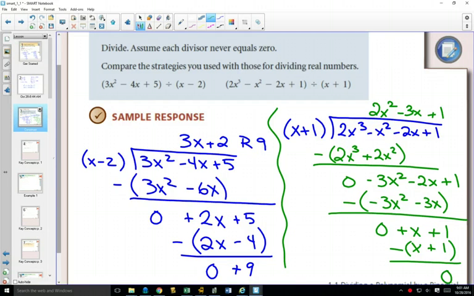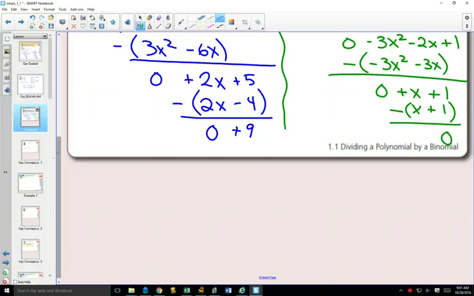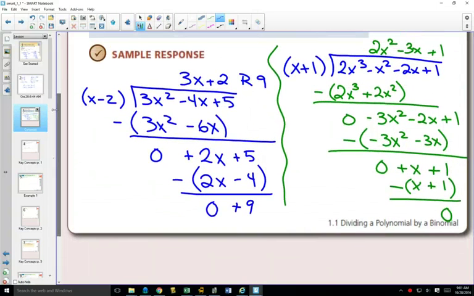What this means is you could factor this. So if you happen to get something that divides without any remainder, well, we can write, and I'll just write it down here below, what this means.